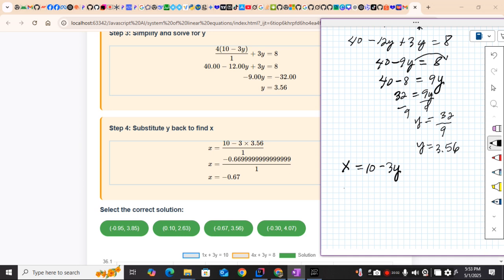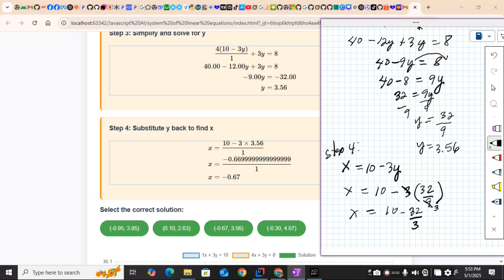Now the x here is 10 minus 3 times our value for y, which is 32 over 9. Therefore, the value of our x is, so this is the last step, 10 minus, so this one is 3. We cancel that out and this becomes 3. So that's 32 over 3.